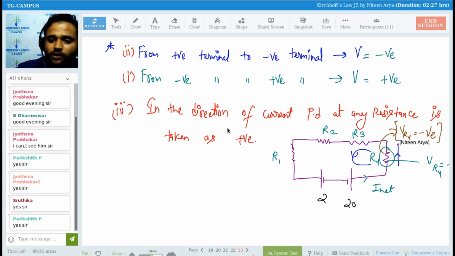As simple as that. Why so? Because I chose my path in the anti-clockwise direction and the current is going in the clockwise direction.